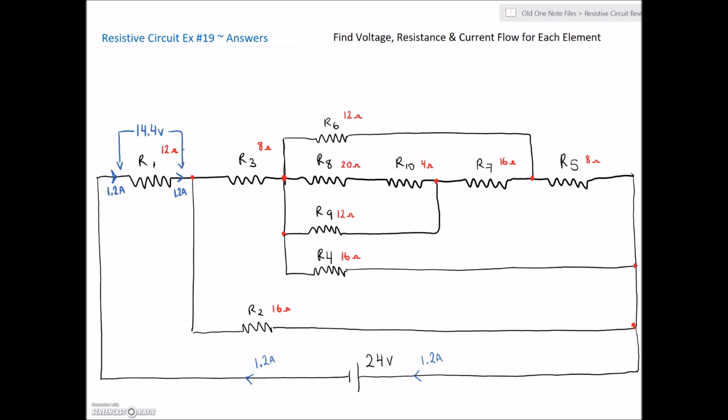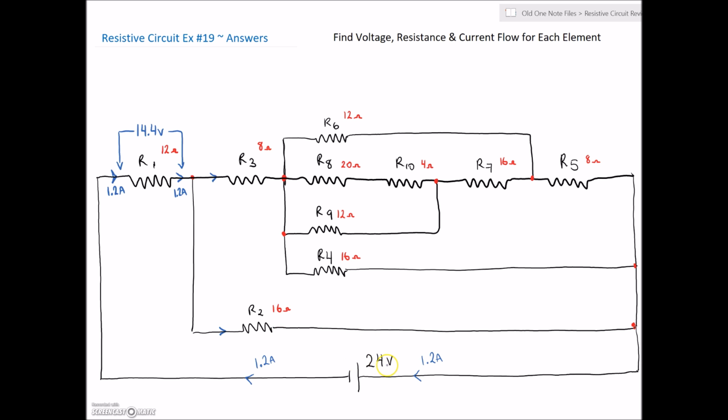Okay, now we got 1.2 amps, and now we got to figure out either a voltage or a current. So let's see, we've got R1, and it looks like current goes in two directions. Goes over here to this combination of 3, 6, 8, 10, 7, 5, 9, and 4. And it also comes over here to R2. So it looks like the 24 volts from the source is applied to this side of R1, and it's also available over on this side of R2.